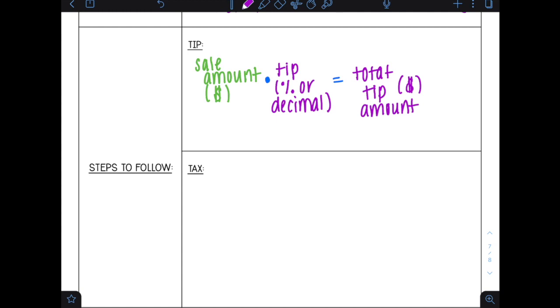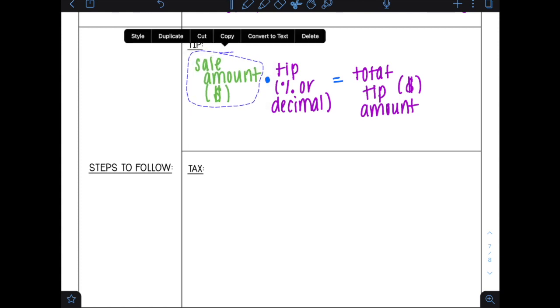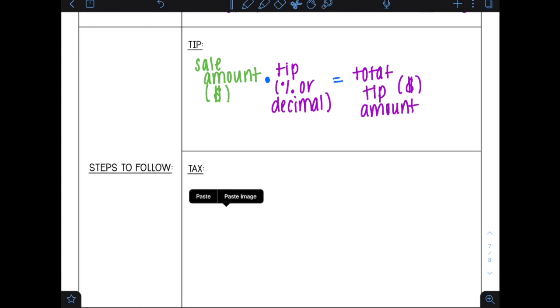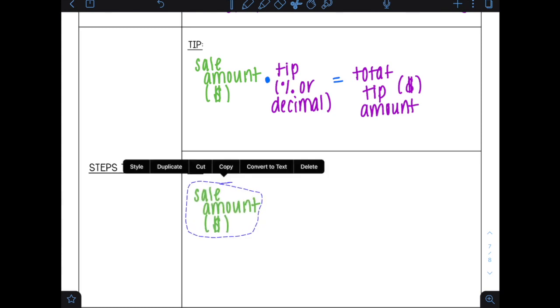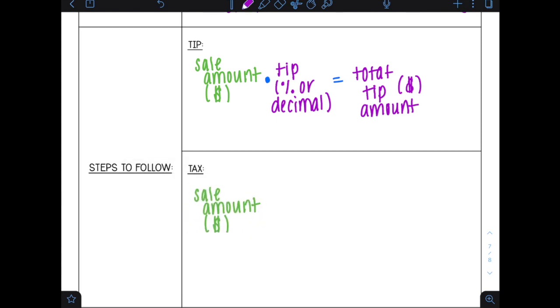Now what happens is the tip is usually calculated based on the original sales amount. You're going to also use that same sales amount that you want to find the tip for, and you're going to use that for your tax. So both of these are going to come off the same amount, that $20 that I originally said. So what you're going to do next is you're going to take that sales amount, you're going to multiply that by the tax rate.